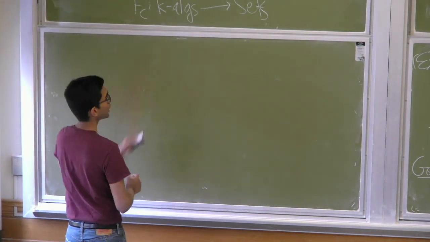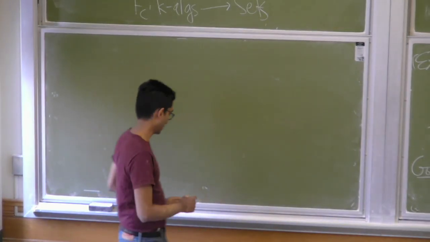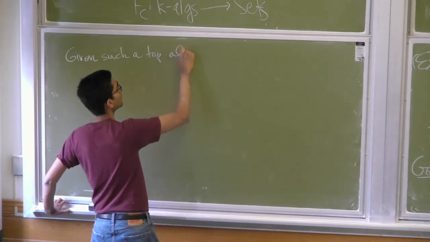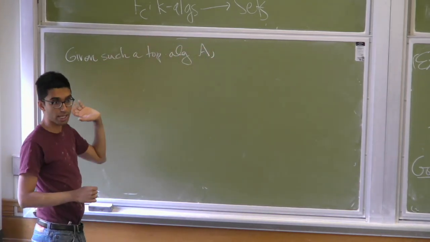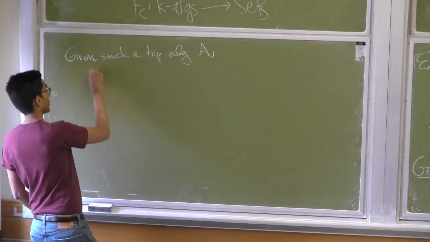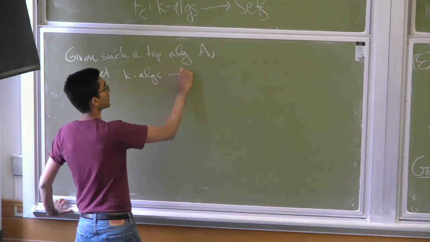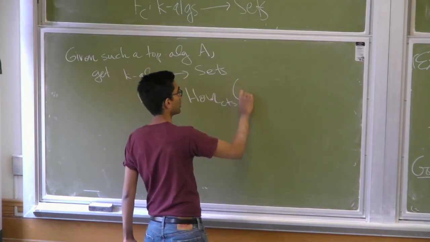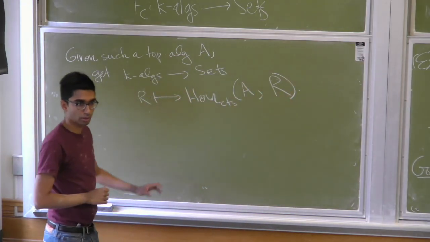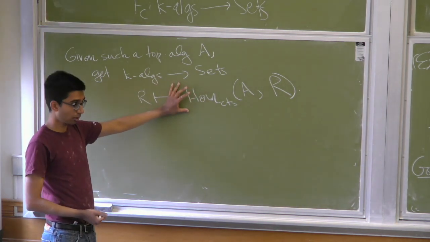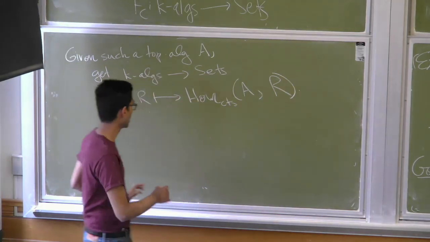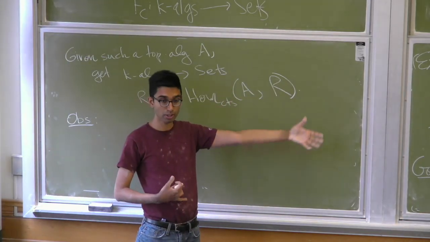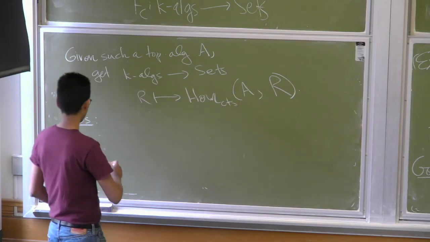So the last thing to say is that given such a topological algebra A, you get a functor from K-algebras to sets, which sends R to the continuous homomorphisms from A to R. And there's a small additional observation here, which is equivalent to this fundamental theorem of coalgebras: A actually has a neighborhood basis not only of subspaces, but of ideals.